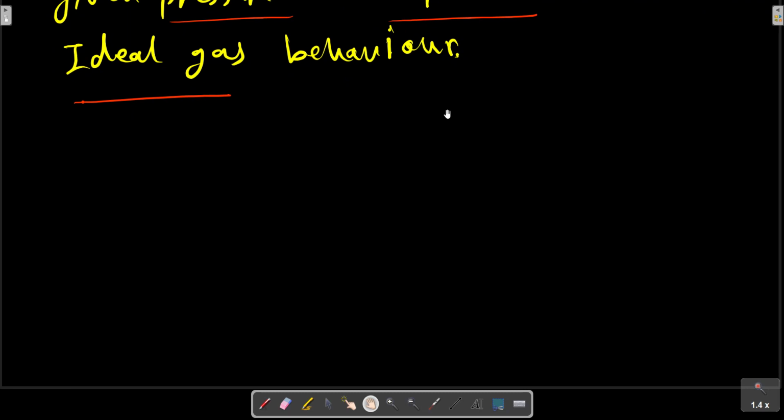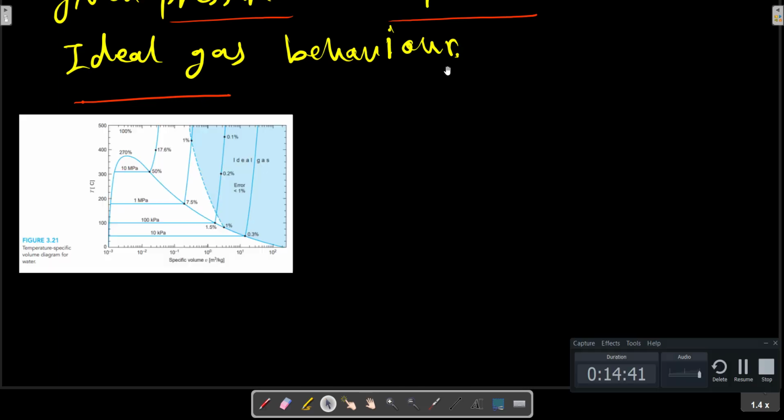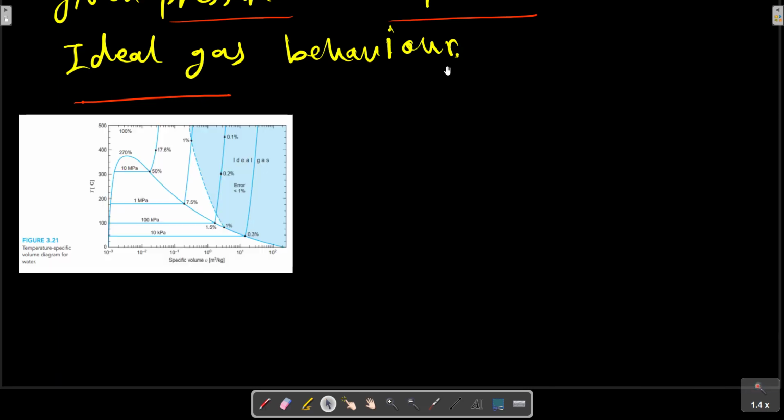One specific example in response to those questions is shown in the picture here. This is a T-v diagram for water that indicates the error in assuming ideal gas behavior for saturated vapor and for superheated vapor.